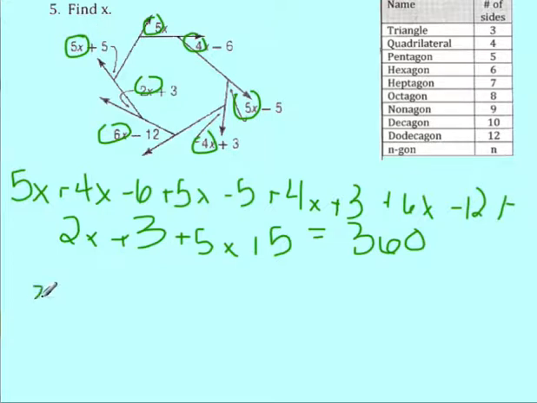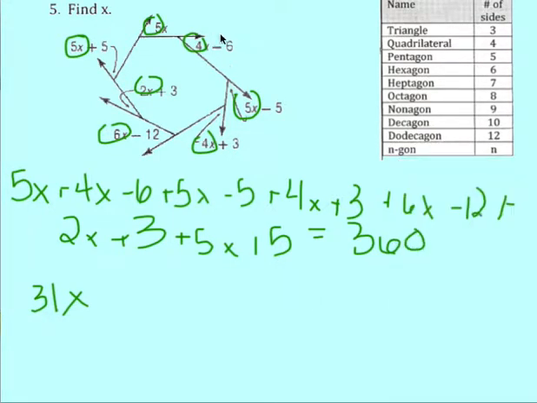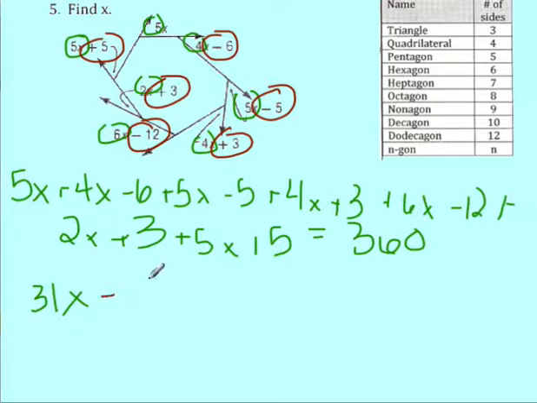When you do that, you should get 31x. Then you're going to do the constants: negative 6 minus 5 plus 3 minus 12 plus 3 plus 5. When you do that, you end up getting negative 12. And still, that has to be equal to 360.